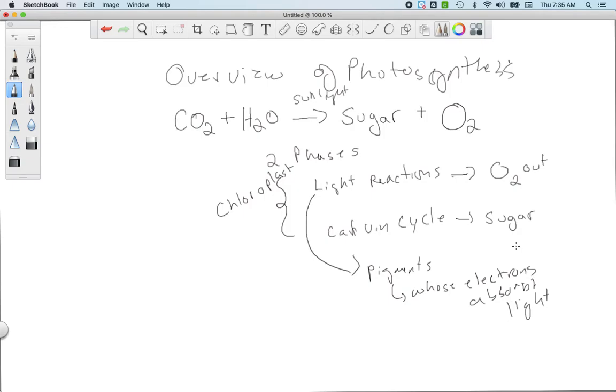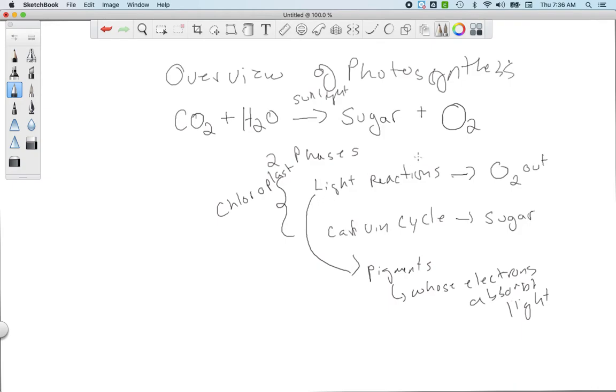That light energy is absorbed by the electrons, and you can think of it like standing close to a fire. You feel the heat. The heat is energy. You can feel that energy. These electrons, because of the way they are put together in an atom, absorb that light energy and start moving faster and faster. And sometimes they jump off. We talked about using that electron transport, and that's going to power the building of the sugar.